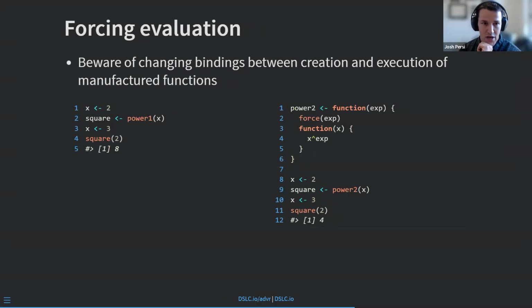Okay, for manufactured functions, they are lazily evaluated, or rather objects within them are lazily evaluated by default. Lazy evaluation is something we've talked about already.